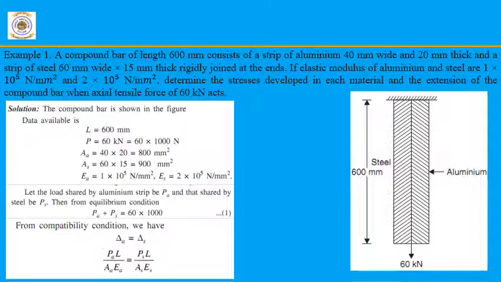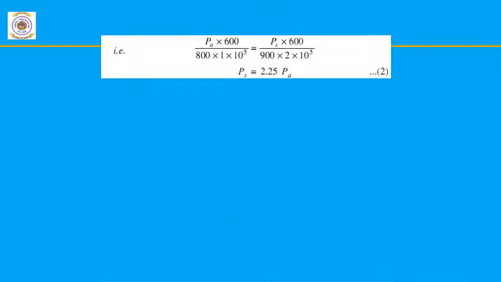Therefore for aluminium, PaL divided by AaEa, because L is common for both materials, and for steel, PsL divided by AsEs. Now we are going to substitute all the values except Pa and Ps, because we don't know the load acting on each individual material.